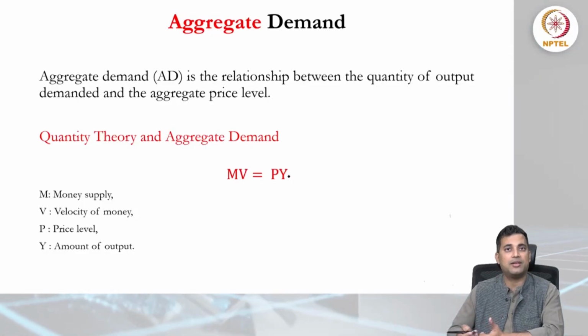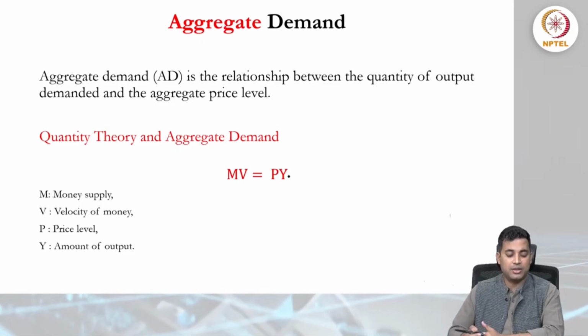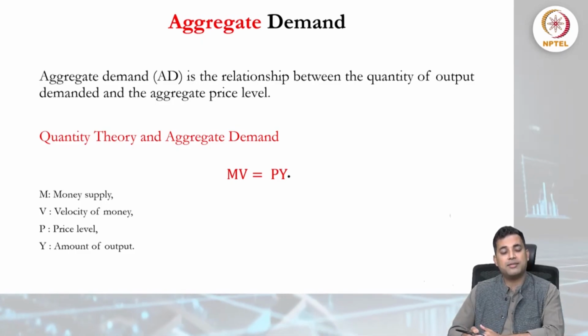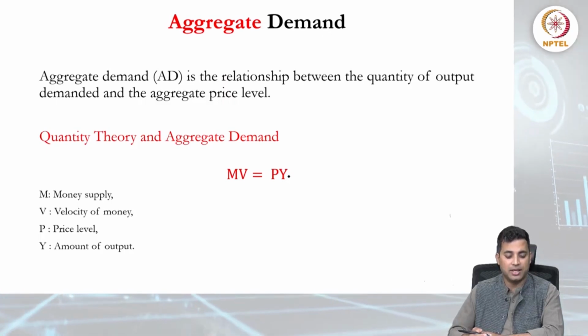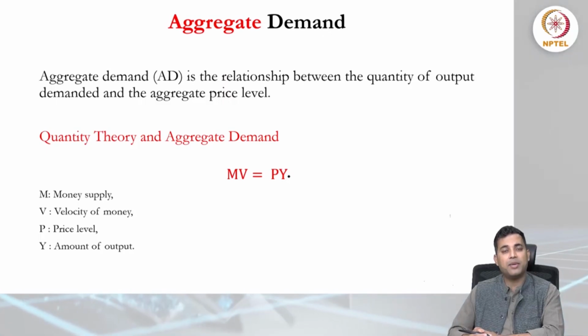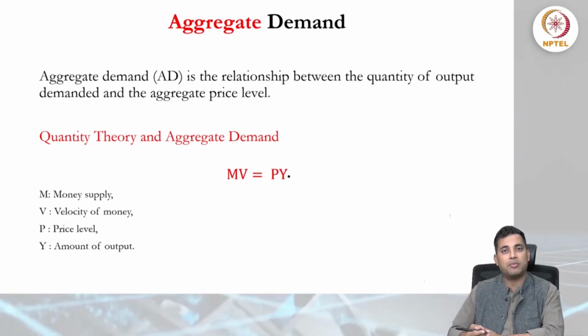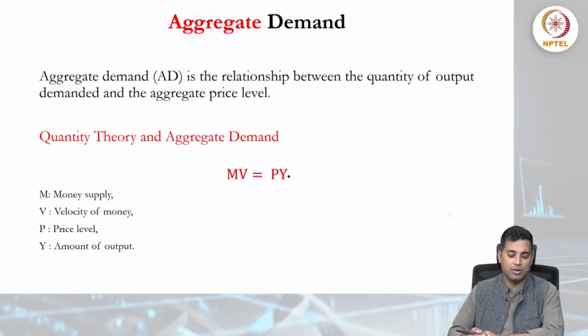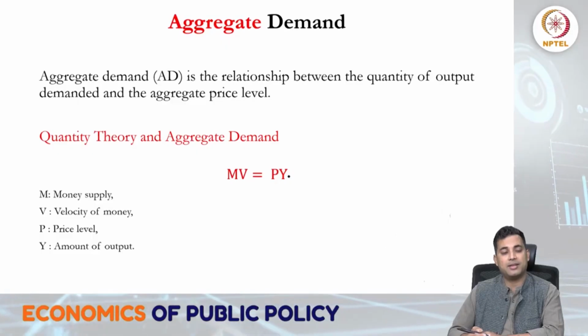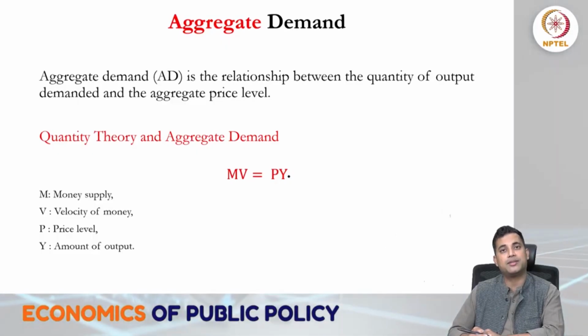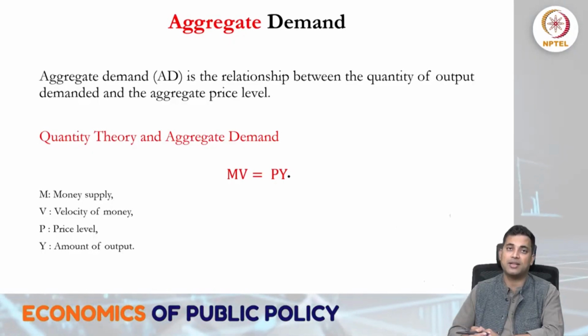So RBI injects money into the economy. Capital V is the velocity of money, that is, how money circulates in the economy. Capital P is the aggregate price level, and capital Y is the amount of output. P and Y, the price level and total output, are the components of transactions in the economy.